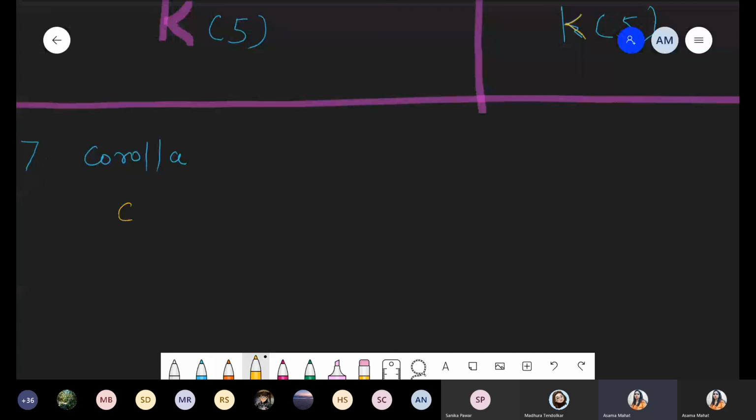And inside this vexillary aestivation, we discussed C1 plus 2 plus 2, with the last 2 inside the bracket.